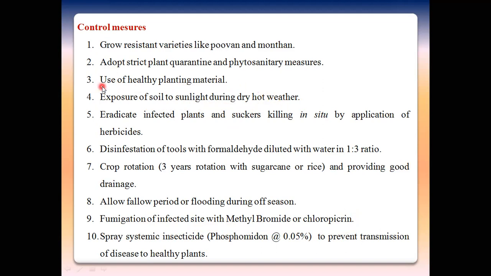The most important management point is to use healthy planting material. Then spray the systemic insecticide phosphamidon at the rate of 0.05%, because some insects act as vectors to transmit the bacteria from infected plants to healthy plants.